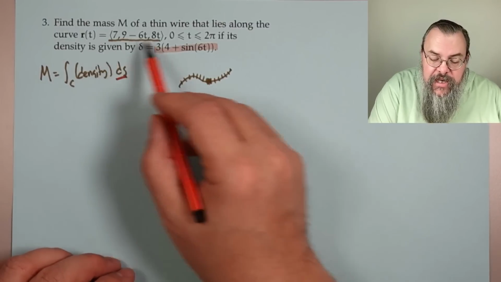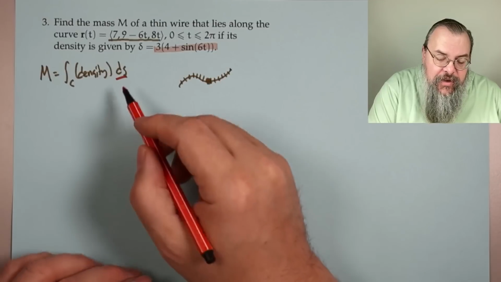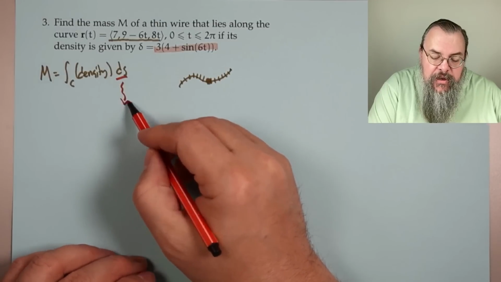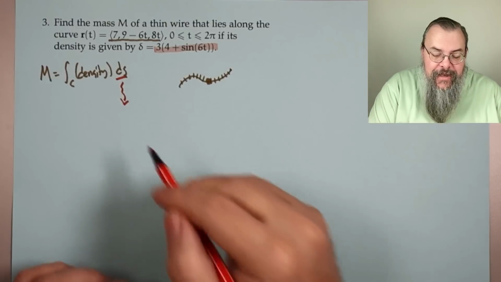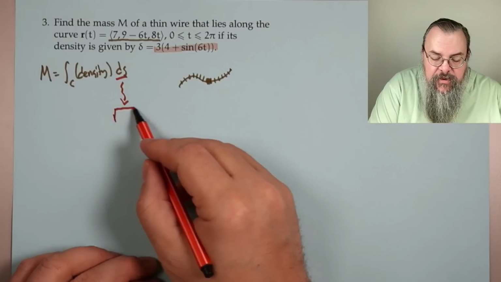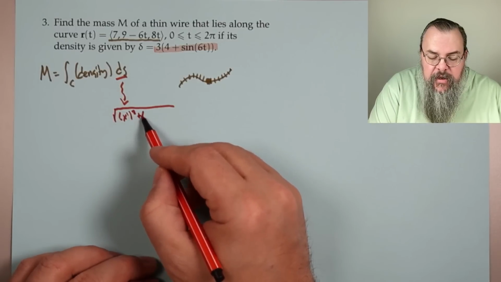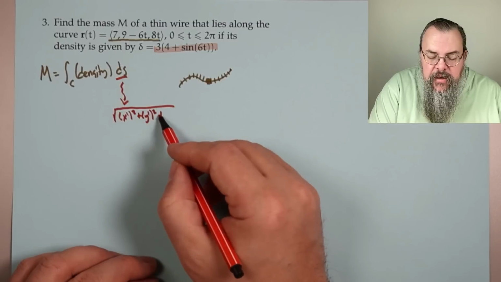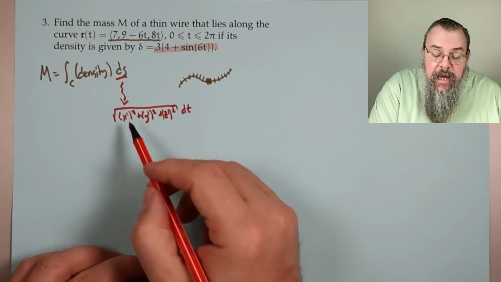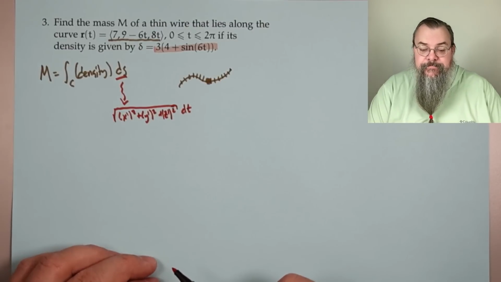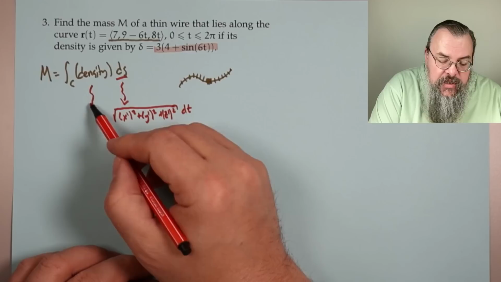Now we're in a three-dimensional setting, in theory, so channel the time when we talked about arc length for 3D. You might remember the formula with x prime squared plus y prime squared plus z prime squared, dt. And that's your ds.